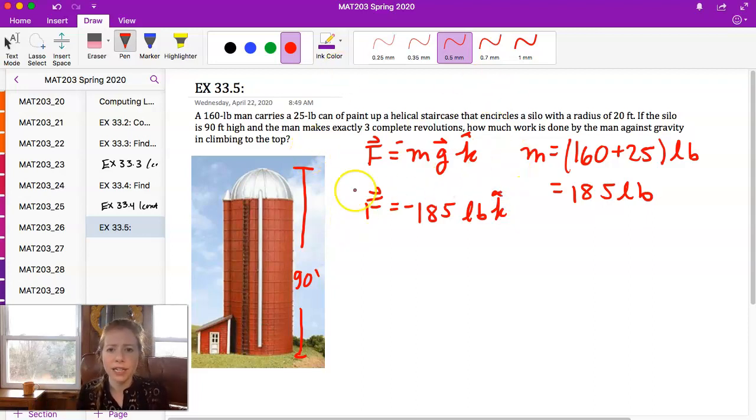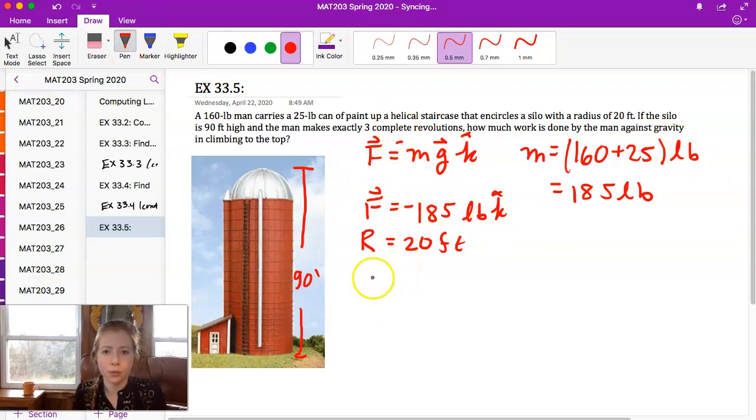We know our radius is, so this isn't the position vector, this is the radius, 20 feet. And actually, to make it a little less confusing, capital R for radius. So our parameterization for position, remember we're going around and around in a helix.